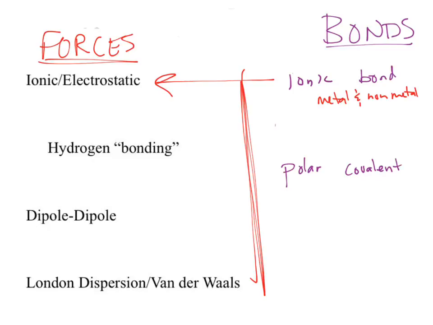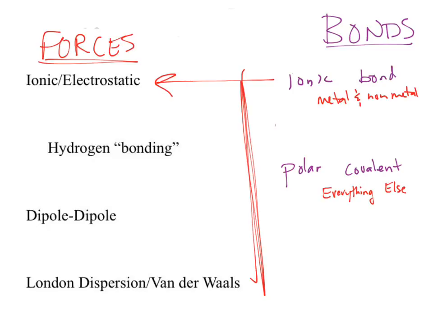Though I'm going to make the argument that that's going to be a very hard one to work with at this stage. Okay? Because how do you know you have a polar covalent bond? What's our rule of thumb? Everything else. Okay, well, if we've only got 2 bond classifications, one is metal and nonmetal, and the other one is now everything else, we really only have 2 categories. Okay, so that becomes a bit difficult to classify a compound with just these 2 definitions.